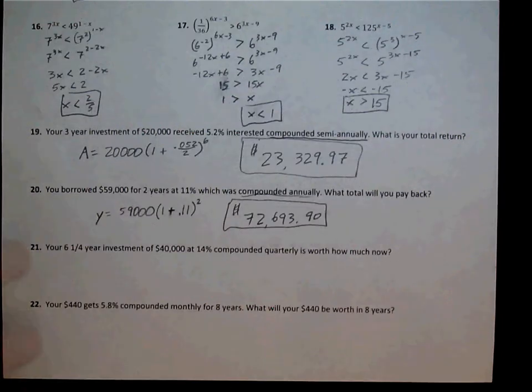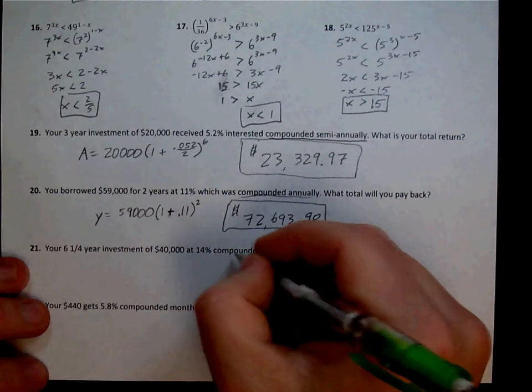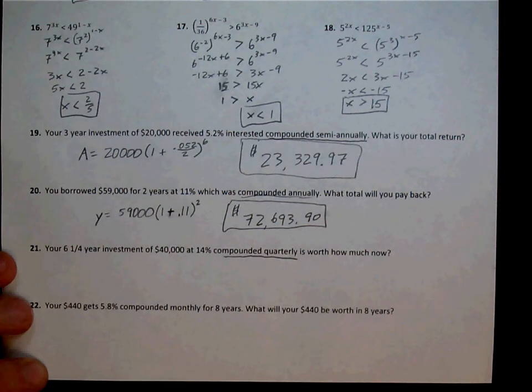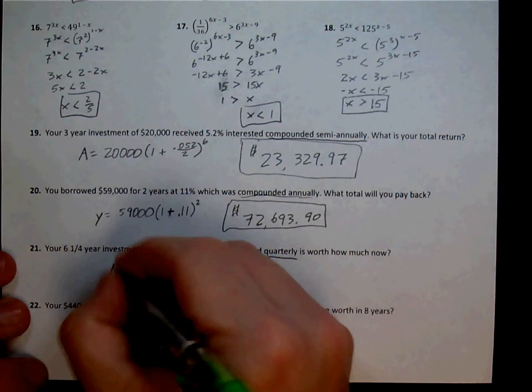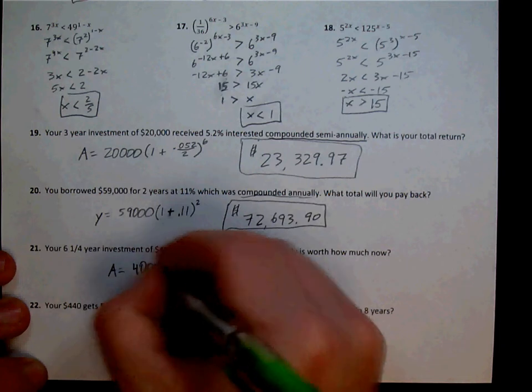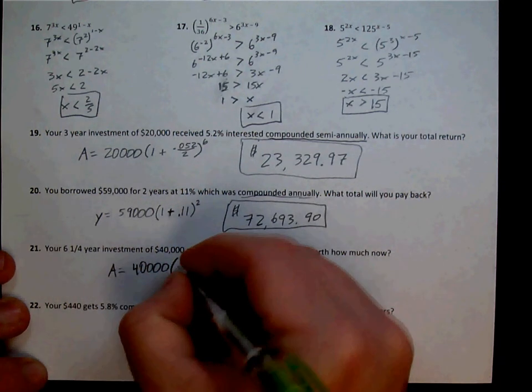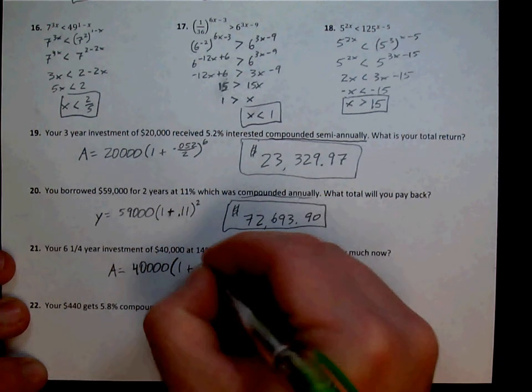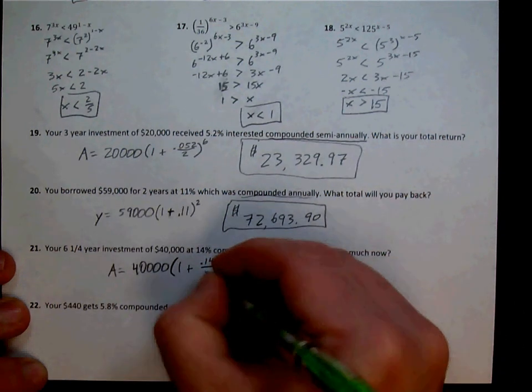Number 21, compounded quarterly, so we're getting interest 4 times a year here. So we've got 40,000 initially, 14% interest, that's really good. Compounded quarterly, so we're dividing it by fourths.